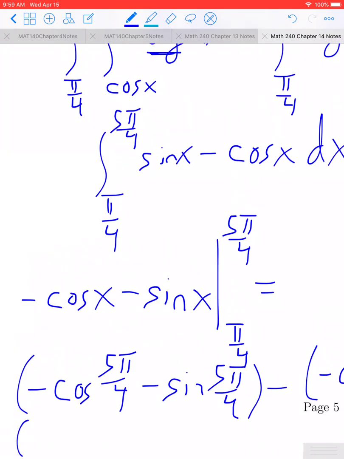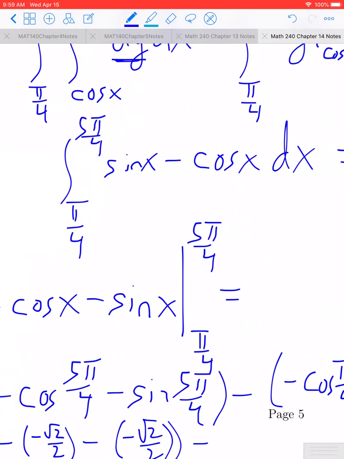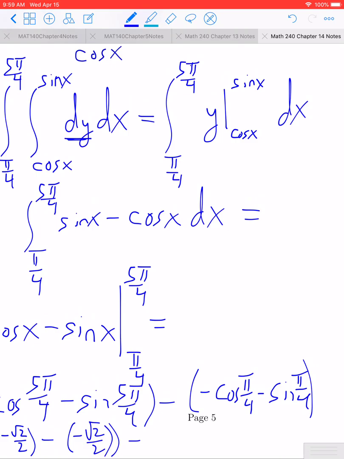The cosine of 5 pi over 4, 5 pi over 4, that's in quadrant 3. So that's going to be a negative square root of 2 over 2. And then we have the negative sign out in front. For the sine, we again get a negative square root of 2 over 2. Minus over here, the cosine of pi over 4 is square root of 2 over 2.